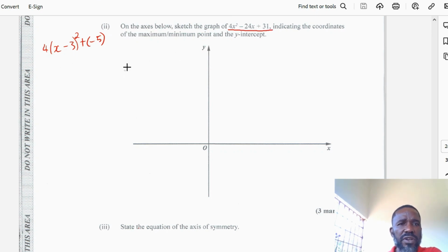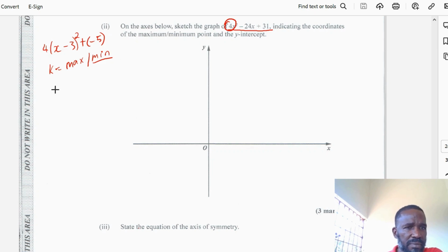And so we're going to use that information now to sketch the graph. In order for us to sketch that, there are a number of things that we need to know. One, our k is always equal to our maximum or minimum value. In this case, it is a minimum value. Why is it a minimum value? Because the a is positive, so therefore we have a minimum graph.